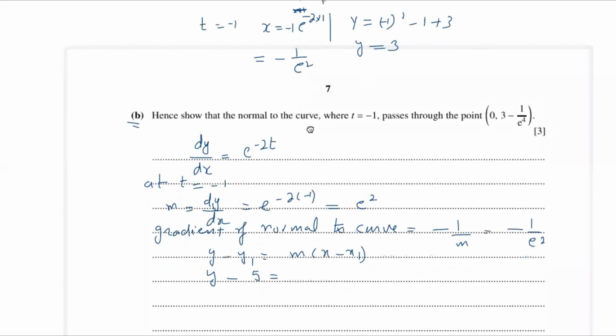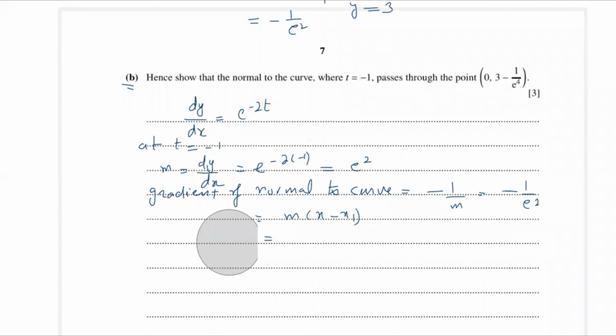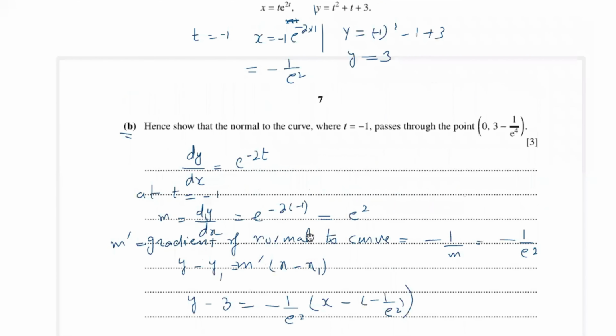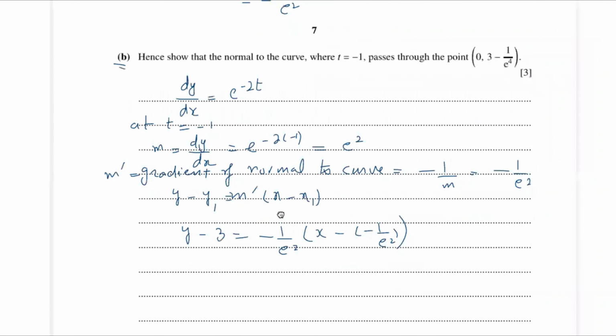Now we put the values in the equation of the normal: y minus y1 equals m dash into x minus x1. Here y is written as it is, y1 is 3, and m dash is minus 1 over e square, into x minus x1, which is minus 1 over e square.